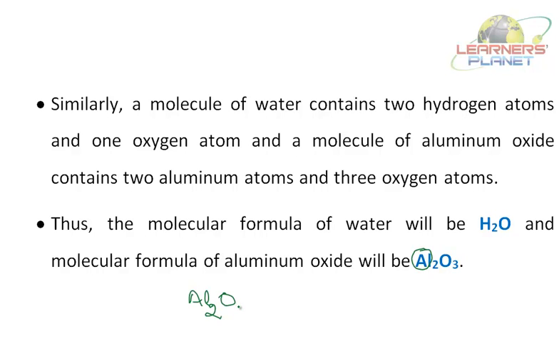How many oxygen atoms are there? 3. So, students, if you are asked to write the formula of a compound, you will be provided with the number of atoms present in it. And do remember water, it's a simple one. Water contains 2 hydrogen atoms and 1 oxygen atom. Right? Now, let's proceed.